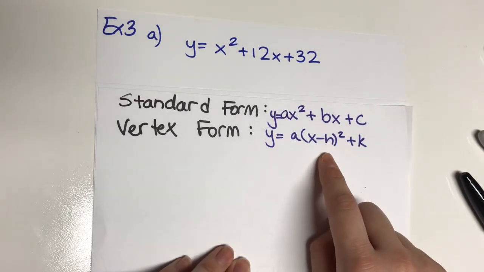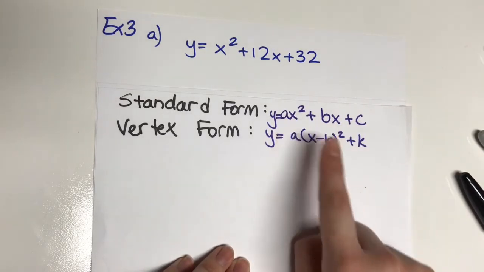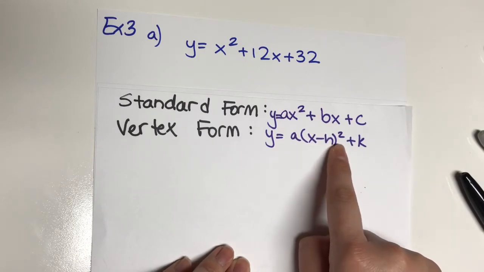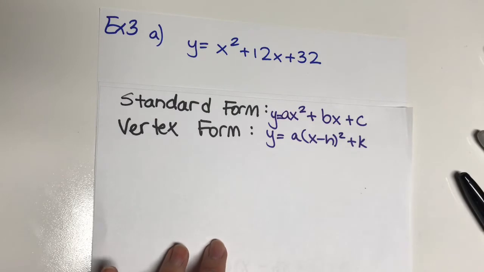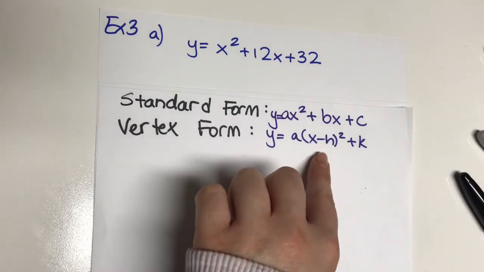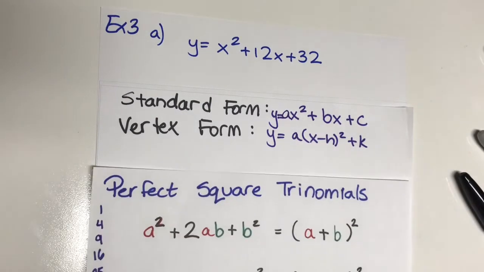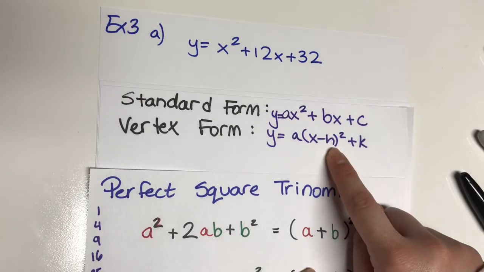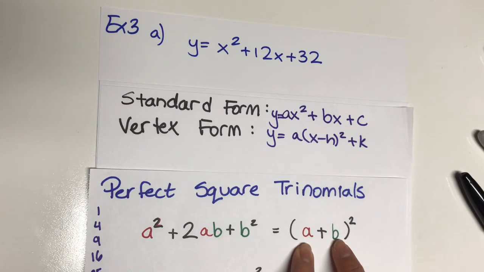So what I'm doing is I'm trying to go from this form into this one. And you'll notice here I have (x minus h) squared. Something must have been a perfect square trinomial for it to have factored like that. If I have x minus h, this is my x and this is my h.